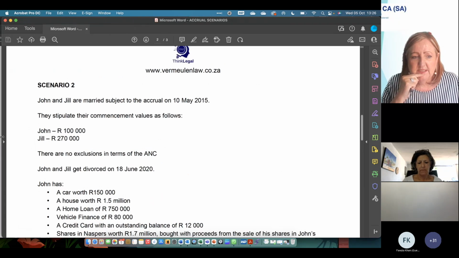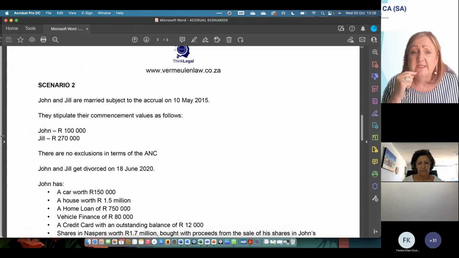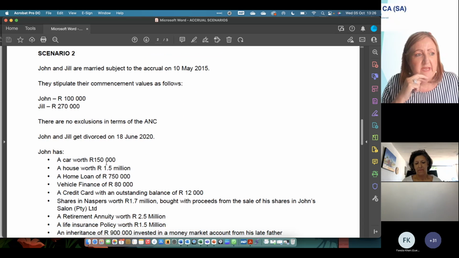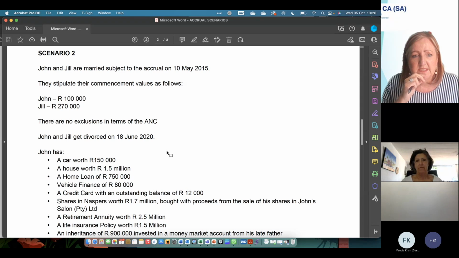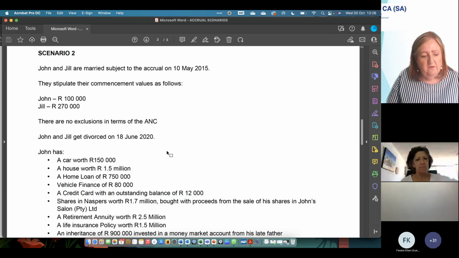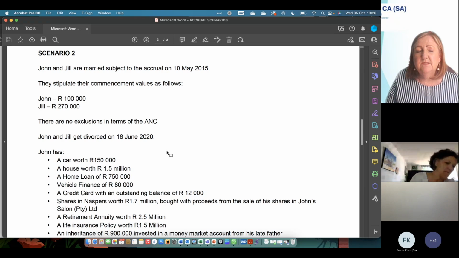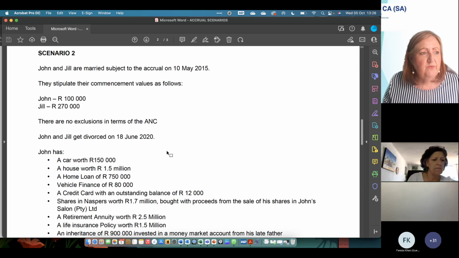And I said to them, wasn't that a gift that you actually gave to your wife when you got married? And he said yes. And so with that, he was happy to exclude it. So there can be many scenarios of assets or donations between spouses.